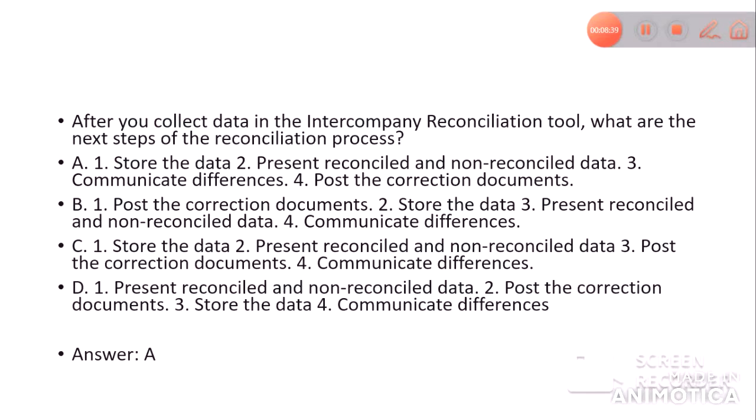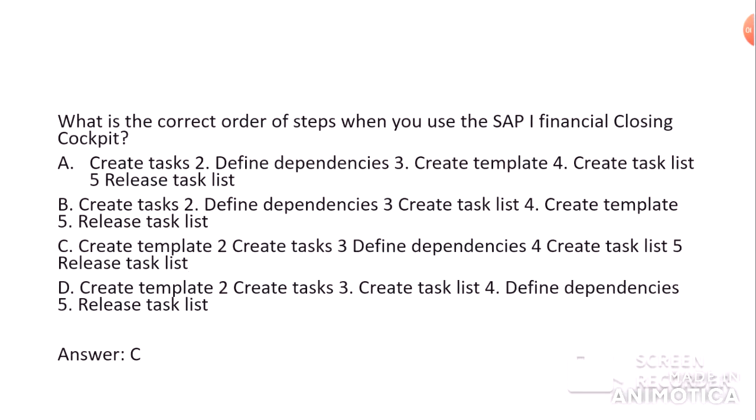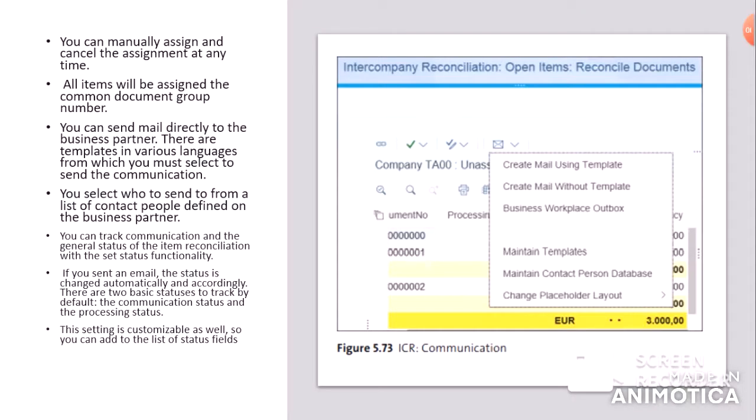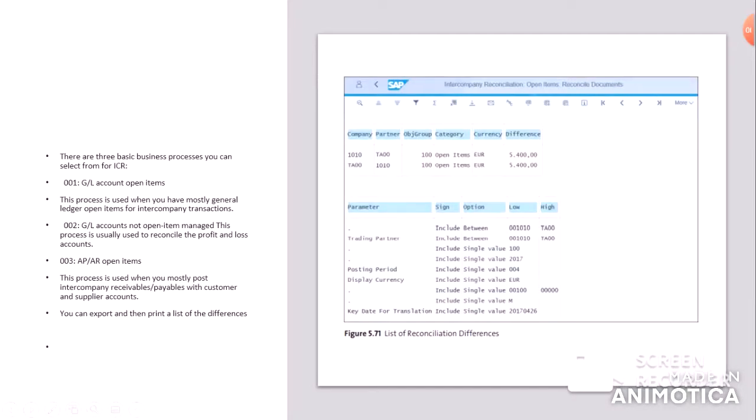Store the data, present reconciled and non-reconciled data, communicate differences, post the correction documents. So let us see, after collecting the data, what does the intercompany tool do? You can manually assign, and these are the 4 steps.